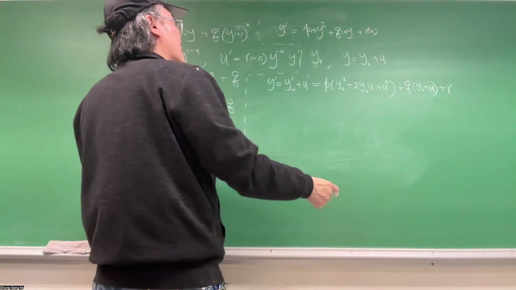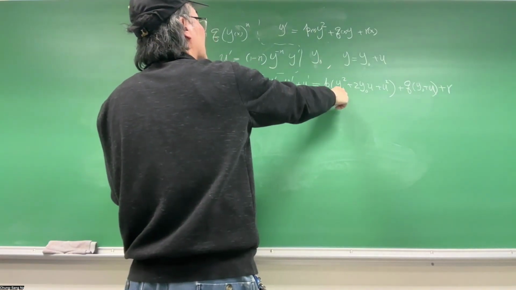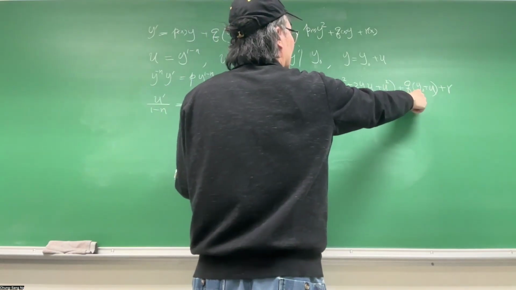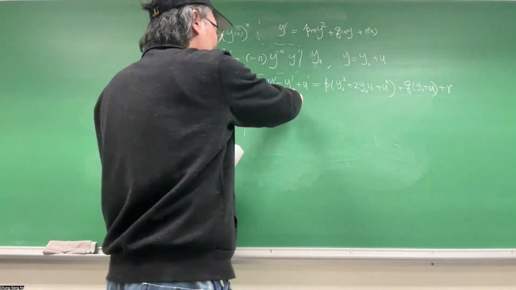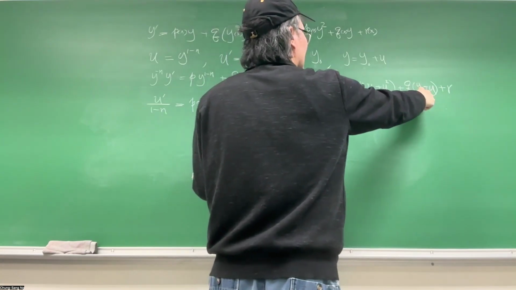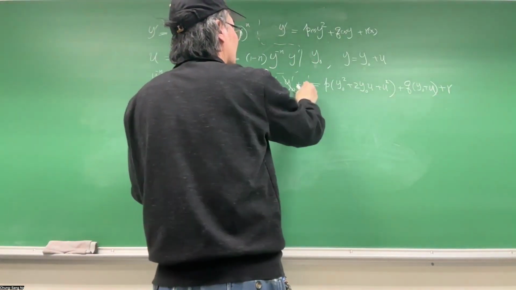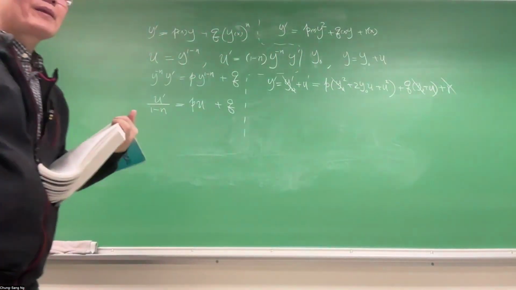But we already require that y sub 0 is a solution. So p y sub 0 squared plus q y sub 0 plus r is equal to y sub 0 prime, right? We already require that. We can cancel all this, cancel this with this and this and that, right?